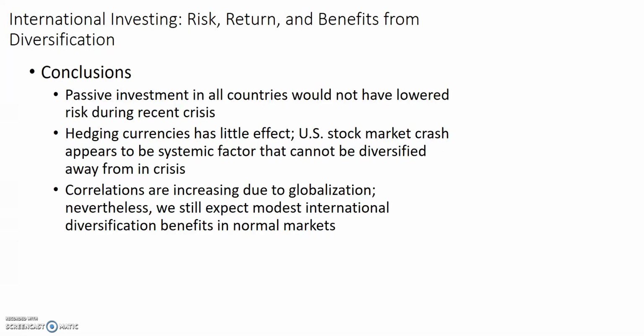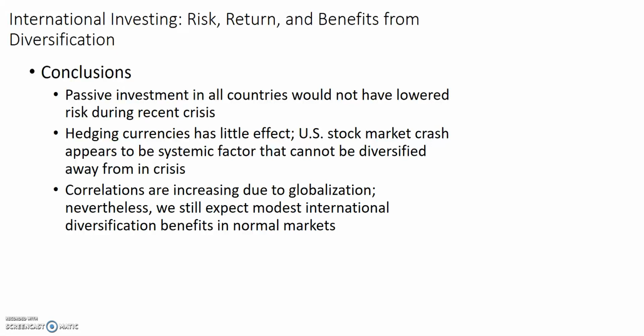Other things that we have to keep in mind are that passive investments do not necessarily occur in all countries that would have lowered risk during the recent crisis. What we can glean from this is that when we have domestic economic crises, since there is this creation of a global market, we can look to outside international markets in order to reduce or transfer some of the risk.